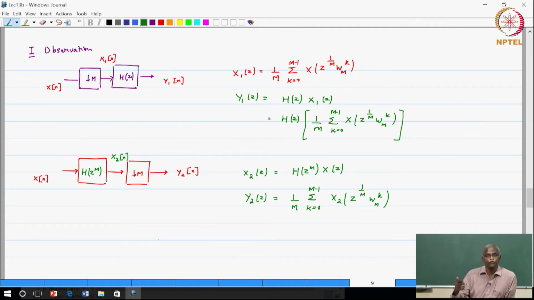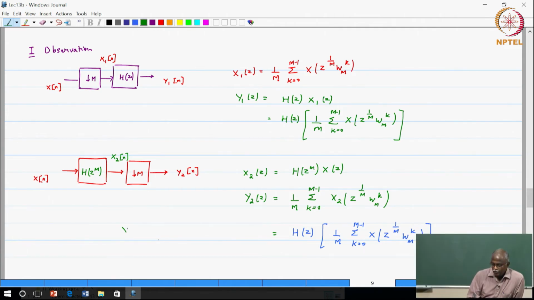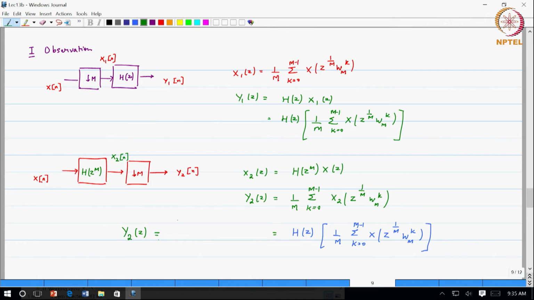Now please substitute for x2 of z from the earlier equation, and please do verify that the result we get is actually h of z times 1 over m summation k equal to 0 to m minus 1 x of z power 1 by m w m k, which means that y2 of z is actually equal to y1 of z, which means y2 of n is the same as y1 of n, which basically means that these two blocks are one and the same.